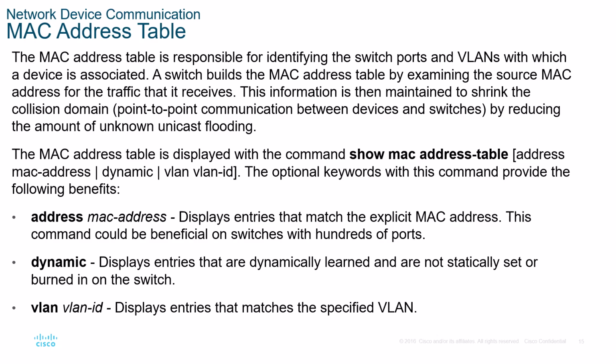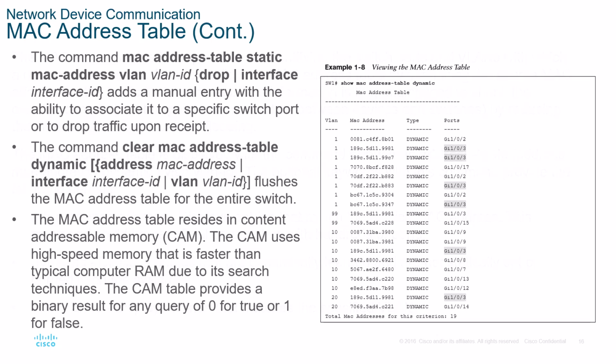We're not going to go into that. Or we can also look at the VLAN specific information. So here is a show mac address-table dynamic. You can see all of the dynamically learned MAC addresses and the ports.